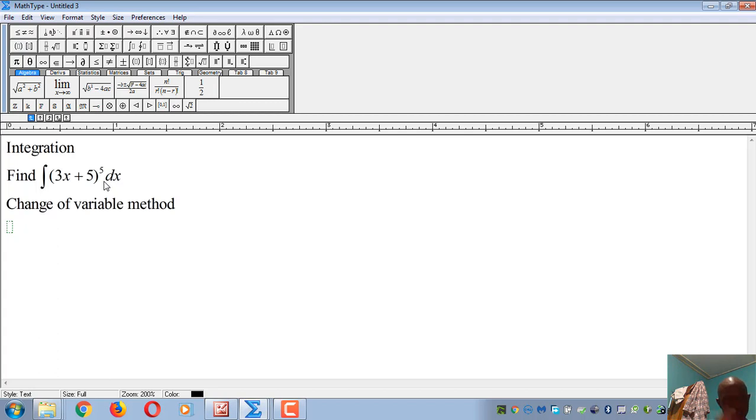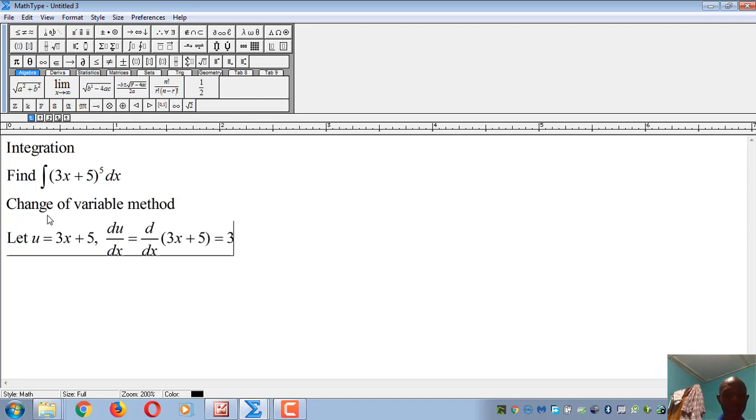So in this we will say, let u be equal to 3x + 5. Once we have done that, du/dx, you take the derivative, that's 3.